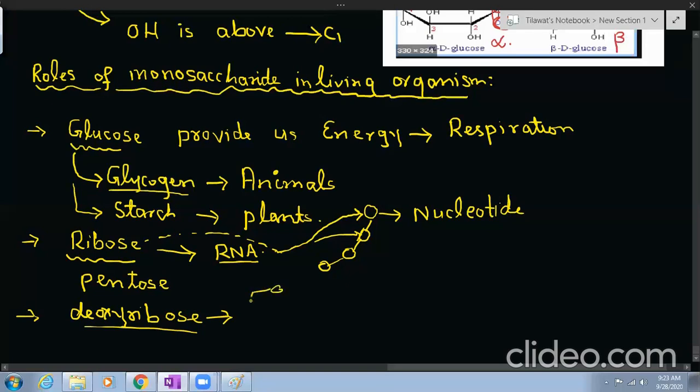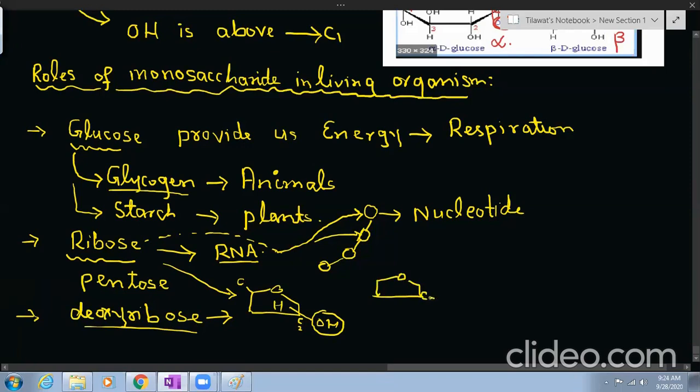For example, this is a ribose sugar. Normally at carbon number 2, am I clear, it is hydroxyl and hydrogen in this ribose sugar. But in deoxyribose sugar, this hydroxyl group is replaced by hydrogen. That's why it is called deoxy, meaning there is no oxygen at carbon number 2.